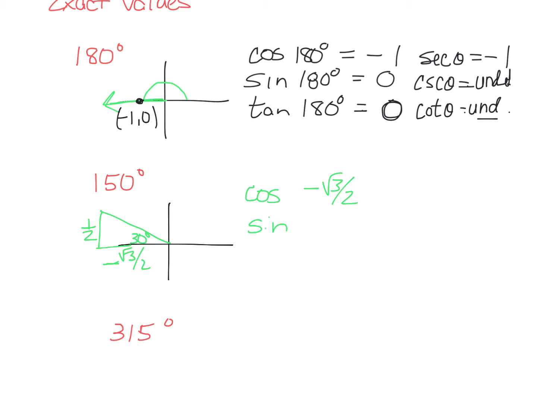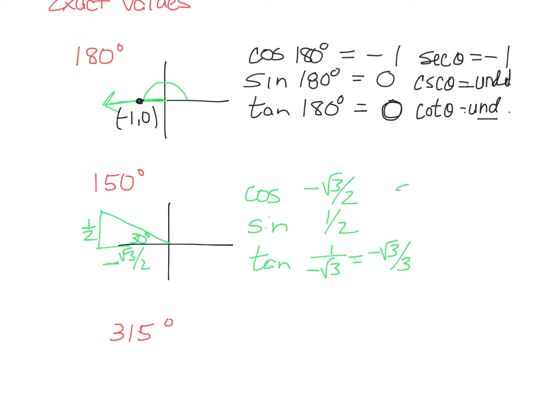The sine of that angle would be the y, which is 1/2. And the tangent would be the y over the x, which would be 1 over a -√3, which if I rationalize that would be a -√3 over 3.